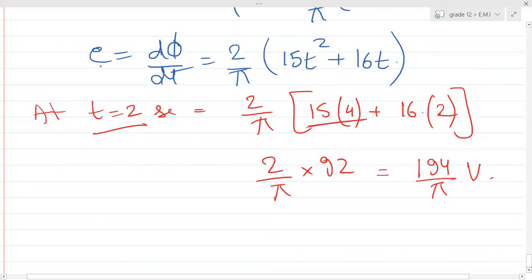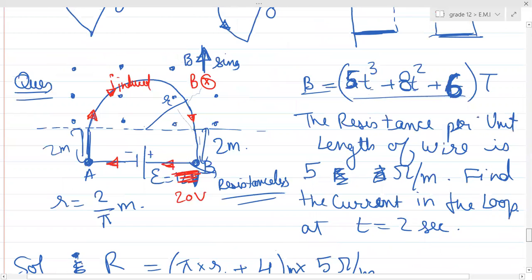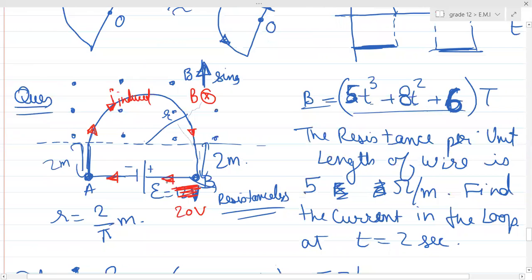So can you see this EMF was trying to flow the current in what direction? In the clockwise direction. Whereas this battery, 20 volt, was trying to flow in the anti-clockwise direction. So both are opposite, right?